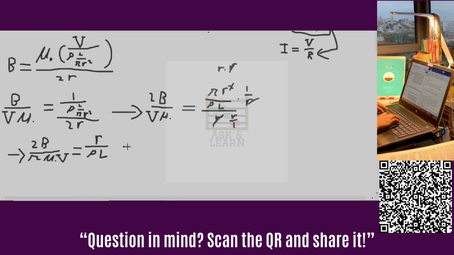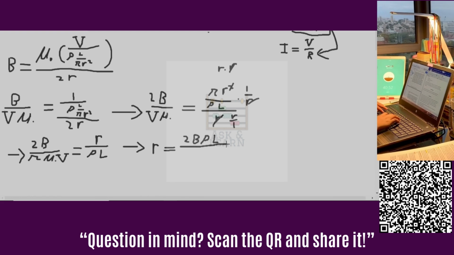So now for the last step, I'm going to flip these so we have r on the left-hand side. It's just a pet peeve I have. So we have r now is equal to 2 times the magnetic field times rho times the length.